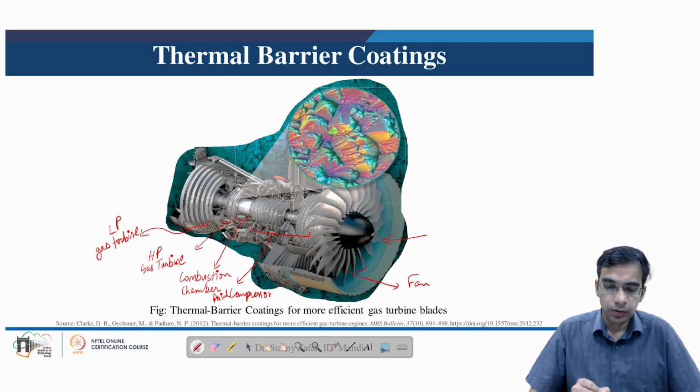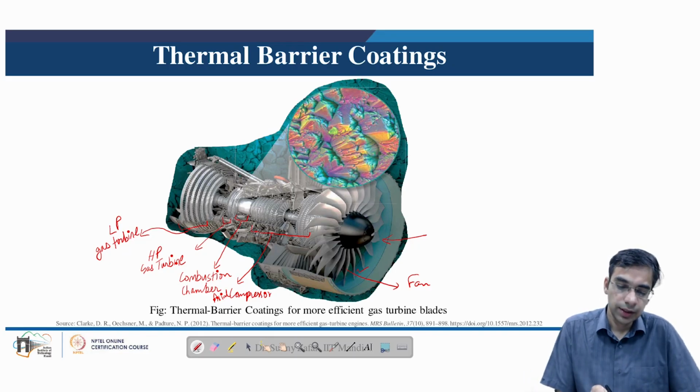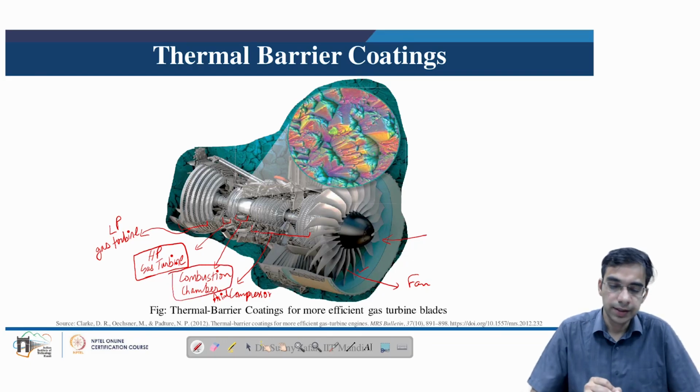Now the thermal barrier coatings, they are only applied in the hottest zone. So hottest zone will be of course in the combustion chamber, and just behind the combustion chamber the high pressure gas turbine, it is basically the hottest part. So these two are the hottest part of this complete engine.